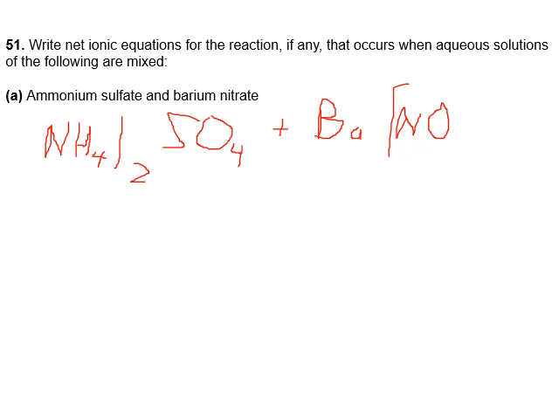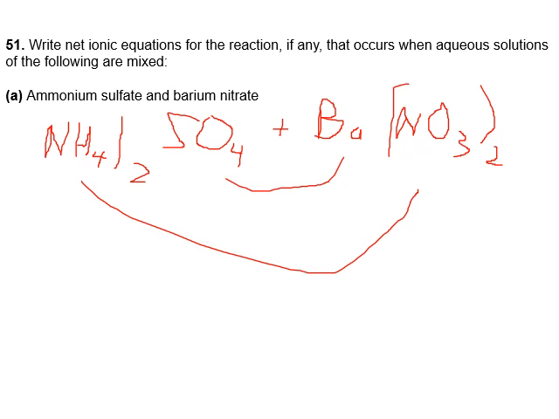So NO3, and then we have to have 2 of those because the NO3s are -1 and the bariums are +2. So there we go. Anyway, so what's going to happen? Well, the NH4 is going to match up with the NO3. That's soluble, but when the barium comes in contact with the sulfate, that's not soluble, so it's going to precipitate out as barium sulfate. And I'm not going to write that out. So BaSO4 is going to precipitate out.